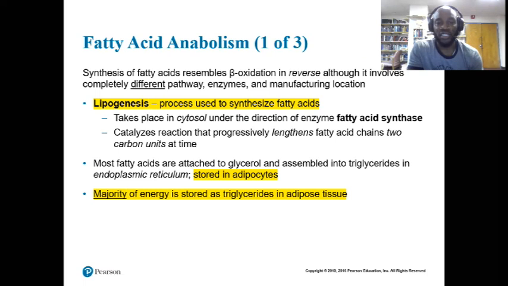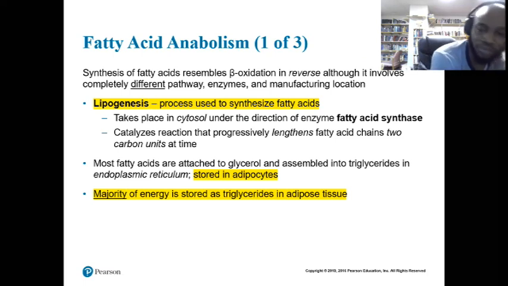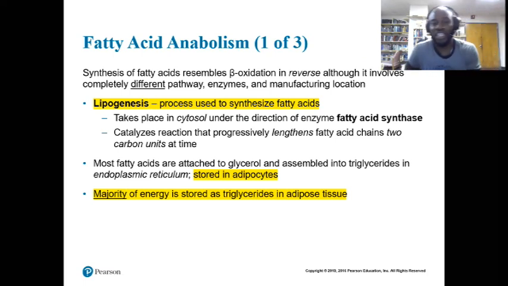Most fatty acids are attached to glycerol and assembled into triglycerides in the endoplasmic reticulum and stored in adipocytes, which are fat cells. Right, so we just add 2 carbons at a time, make these long chains, stored in cells called adipocytes, which are fat cells. The majority of energy is stored as triglycerides in adipose tissue.